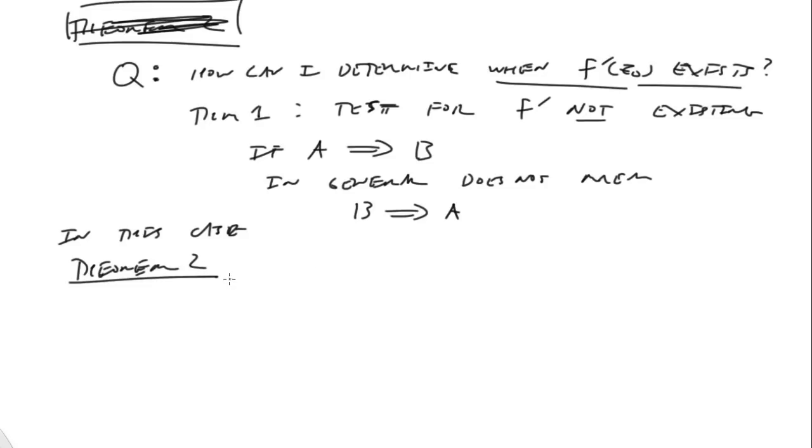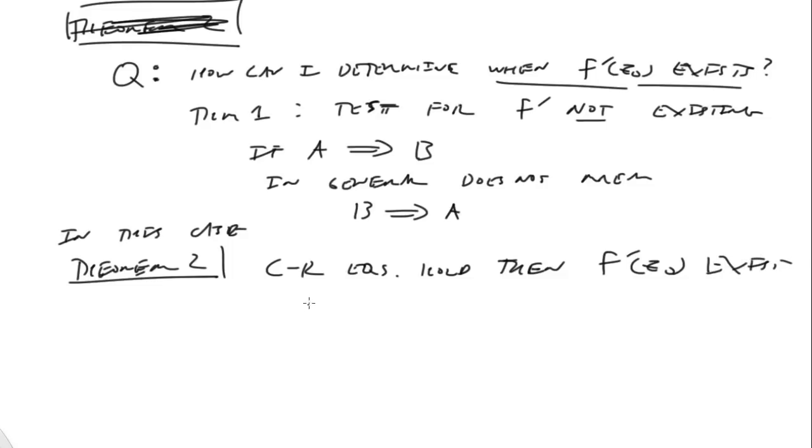Theorem 2 states that if the Cauchy-Riemann equations hold, then f prime does exist. So we actually do, in this case, have a B implies A.